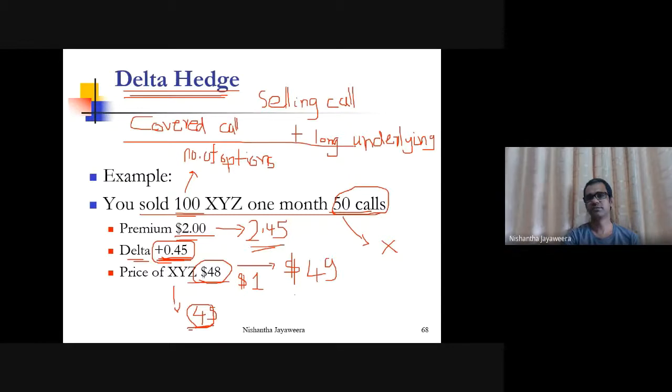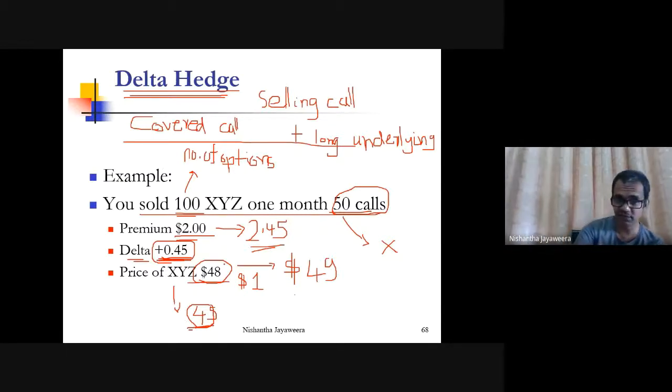Covered call strategy, but it's not the delta hedge one.